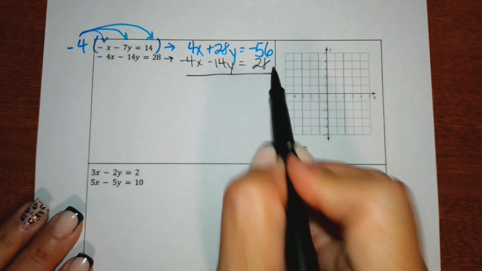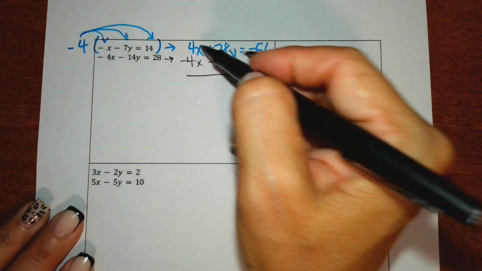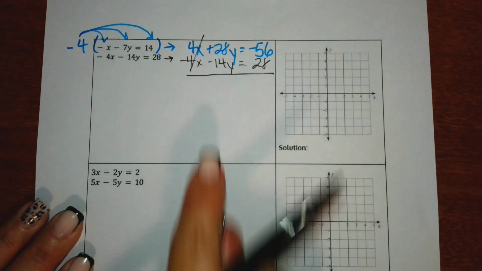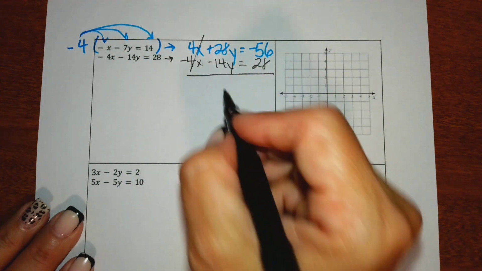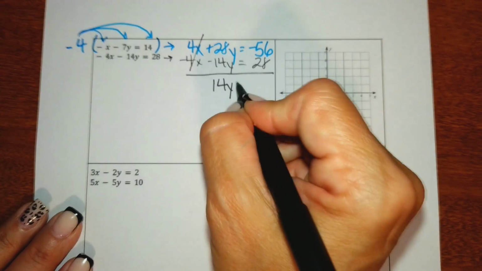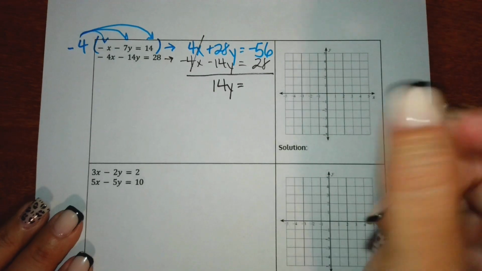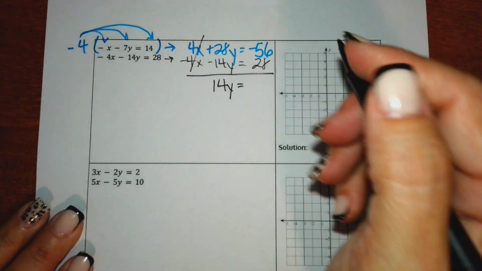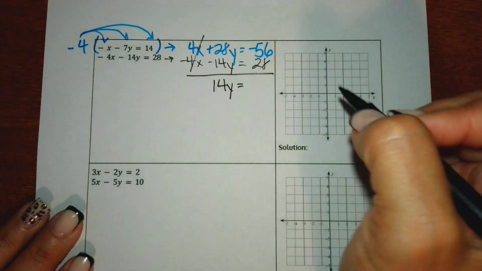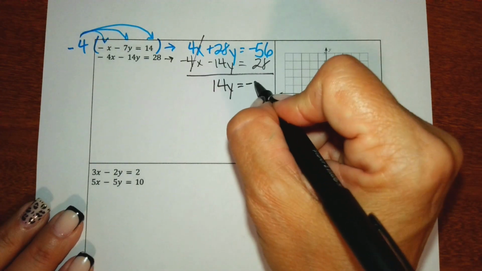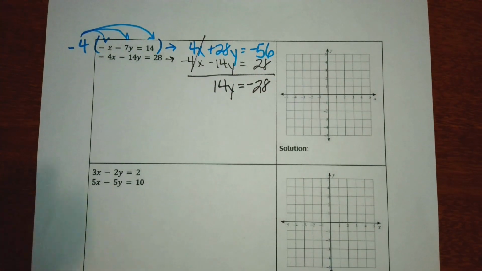So let's combine here. I have set it up to eliminate my x's. 28y minus 14y is 14y. And negative 56 plus 28 is going to be a negative 28.